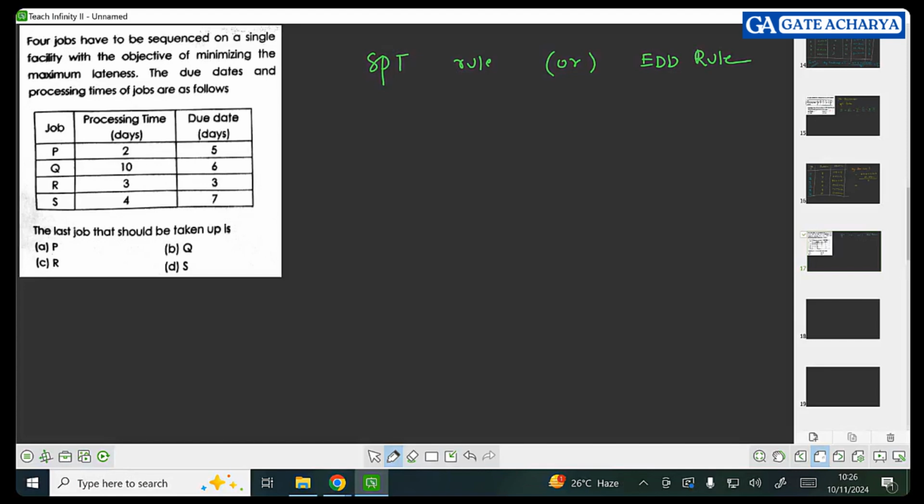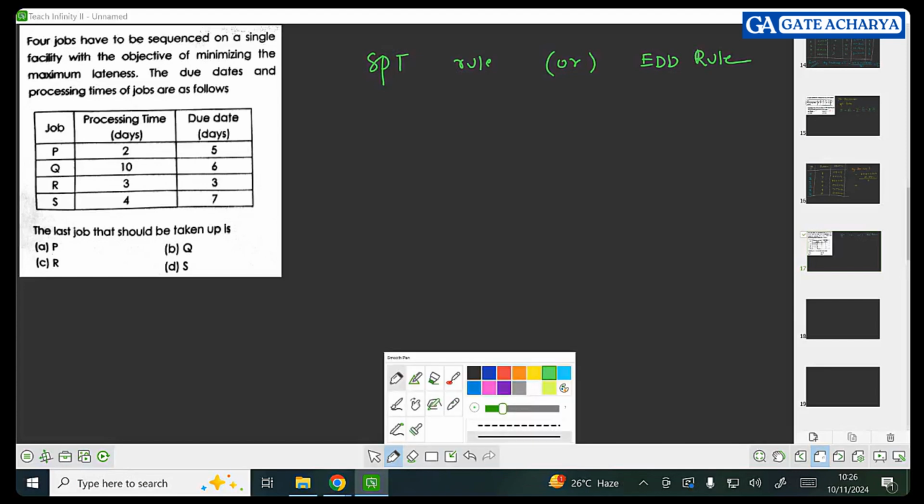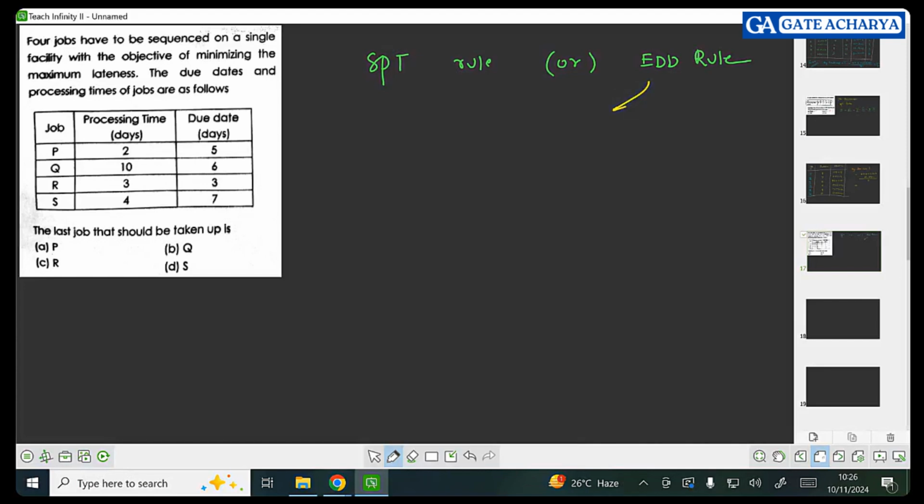Now here it comes under earliest due date. That is what I told you in the beginning of the chapter itself: whenever you engage with a problem, you need to decide based on the data and the question asked which rule it is going to be. Then only it is possible to find the answer.